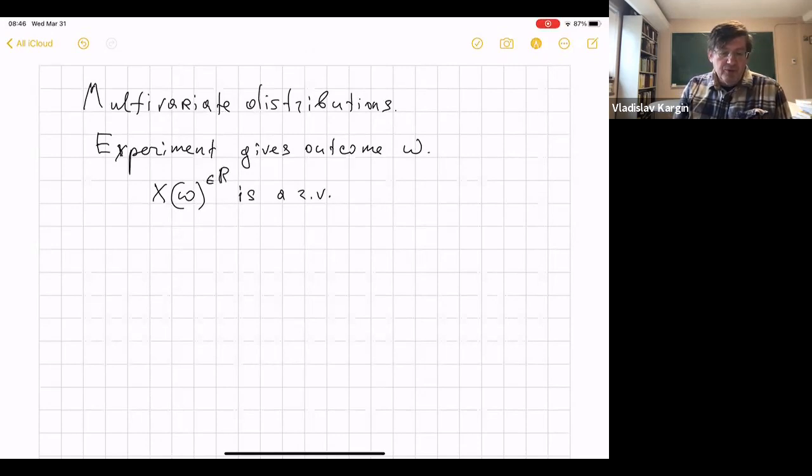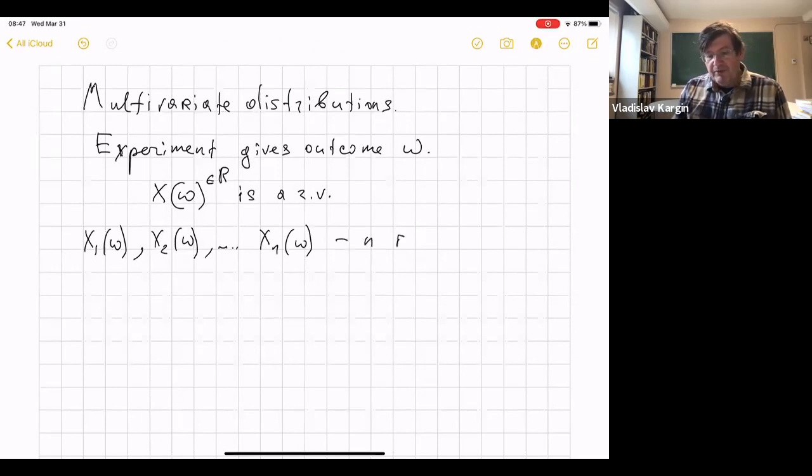Now we can look at the situation when this experiment results in several random variables. So we can look at X1 of omega, X2 of omega, and so on, Xn of omega. So n random variables: one, maybe two, maybe more random variables.